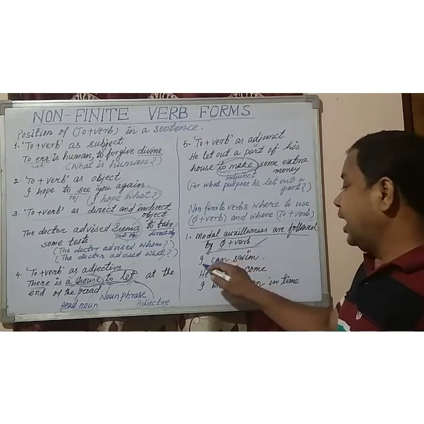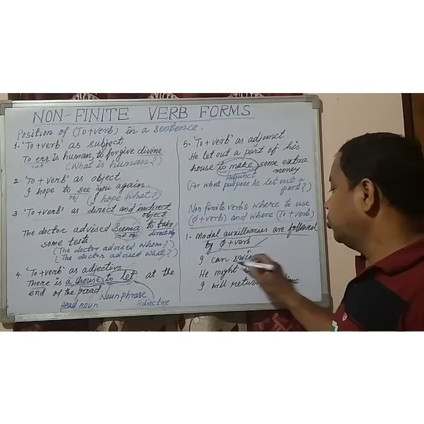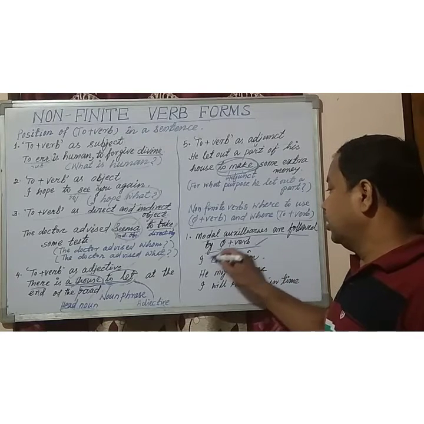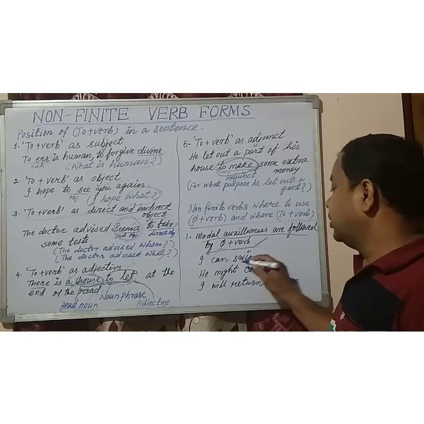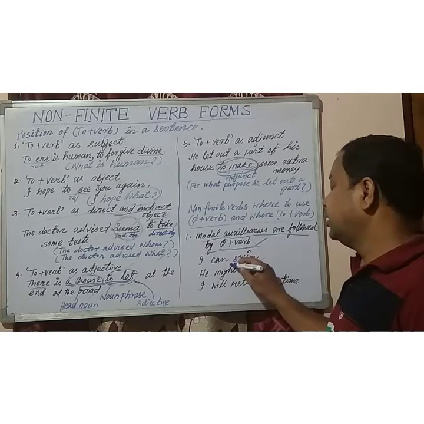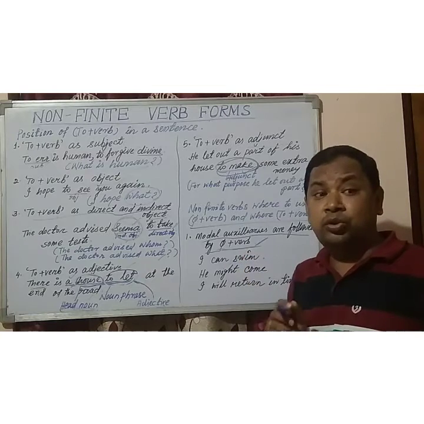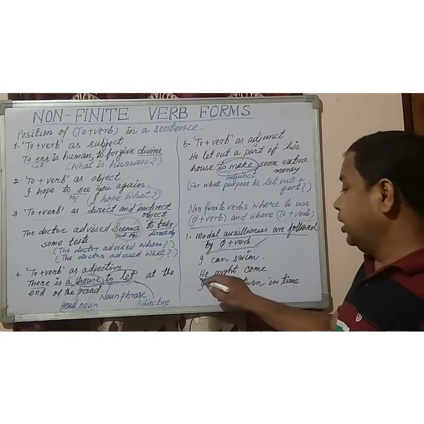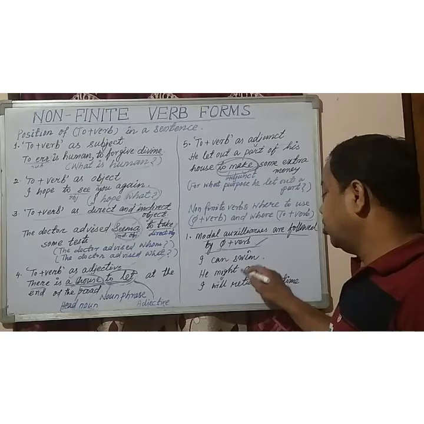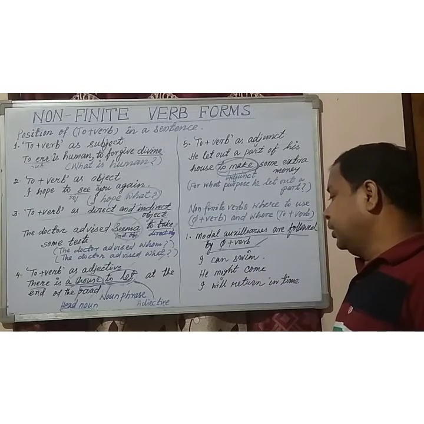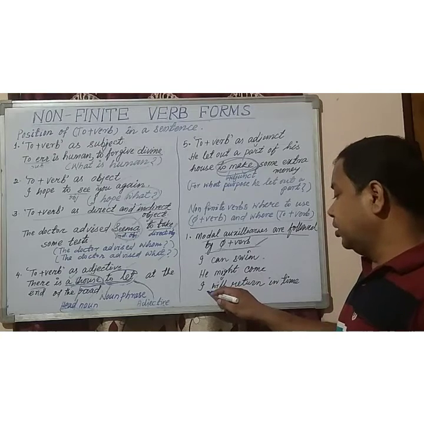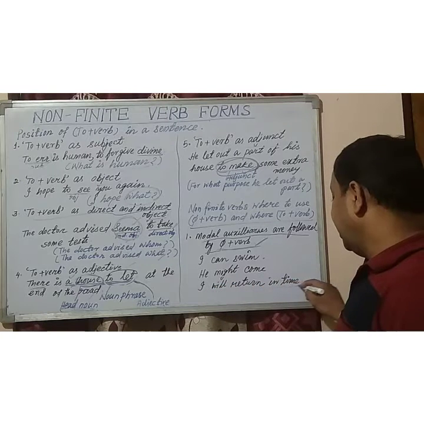For example, I can swim. Here can is the auxiliary and swim is the bare verb. That means there is no to here. And the second one, he might come. Here come is the verb and might is the auxiliary. In the third, I will return in time.